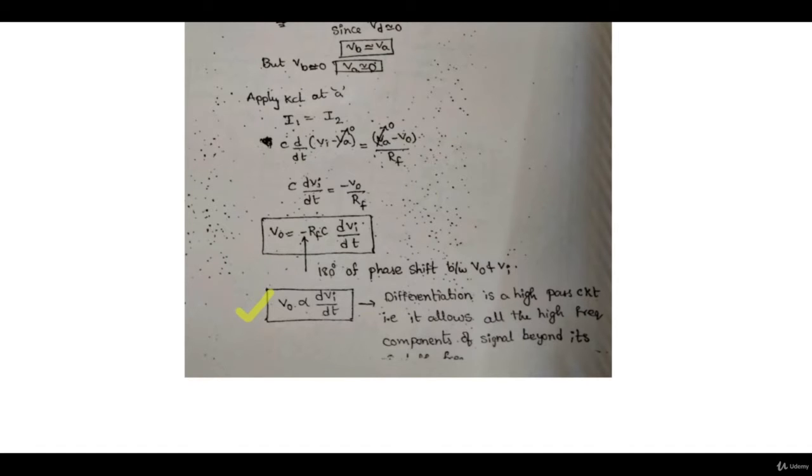Differentiation is a high pass circuit, that is, it allows the high frequency components of the signal beyond a cutoff frequency to pass, and below that frequency it will attenuate, which means it will not allow the signal to pass.